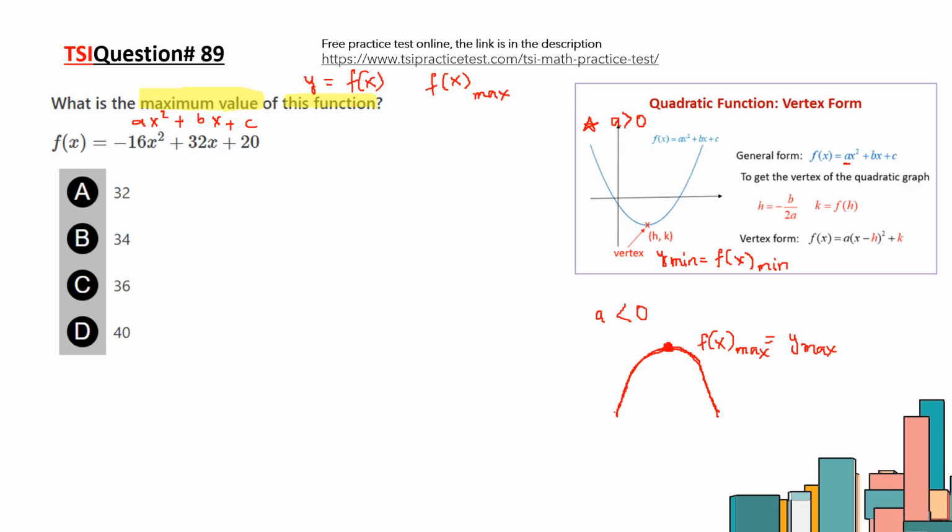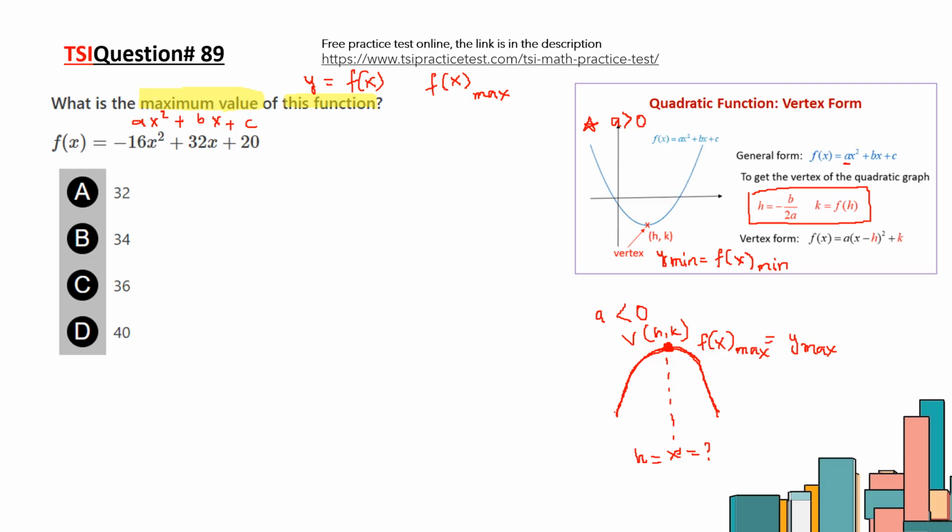To find it, we need to find the x value. So what is the x value at that point? The x value of that point is h. You see that the vertex has the coordinate h comma k. That's called v, vertex. So the x value here is h. We have to find h. How do we find h? Here is the formula. And our target is k, which is y, f of x max or y max.